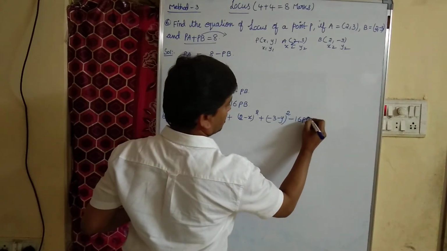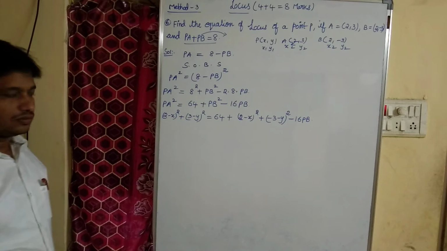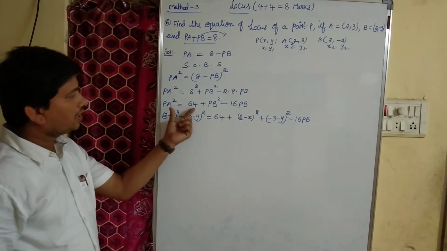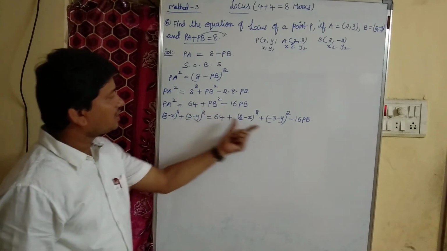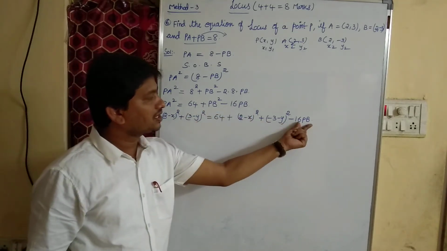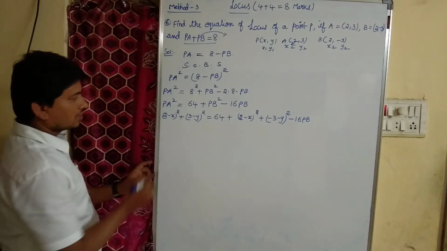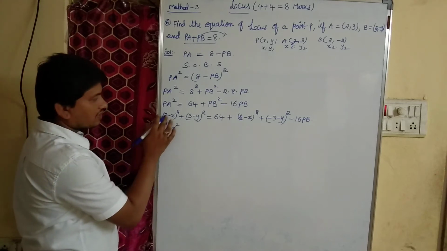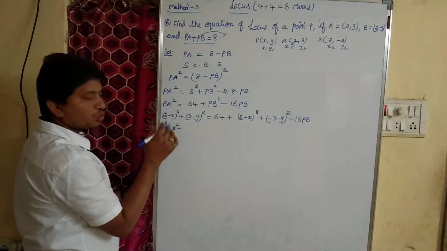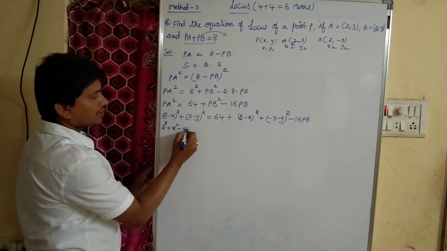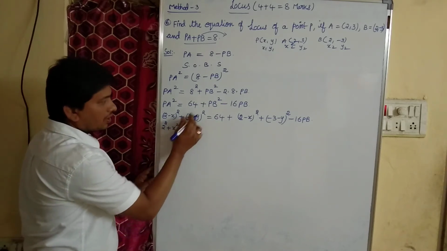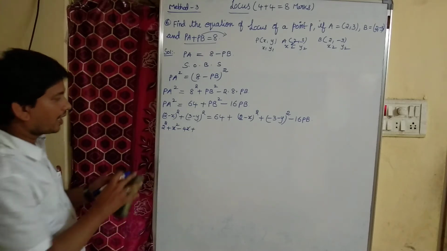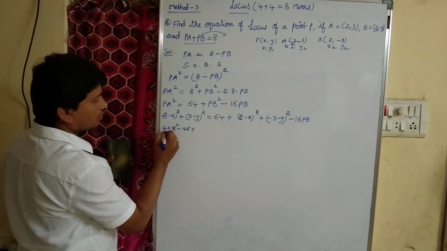minus 16 PB. Okay children, don't get confused at all. This is our PA square, equal to 64 plus this is our PB square, and this is minus 16 PB. So using a square minus 2ab plus b square: 2 square is 4, plus x square, minus 2 into 2x, that is 4x.